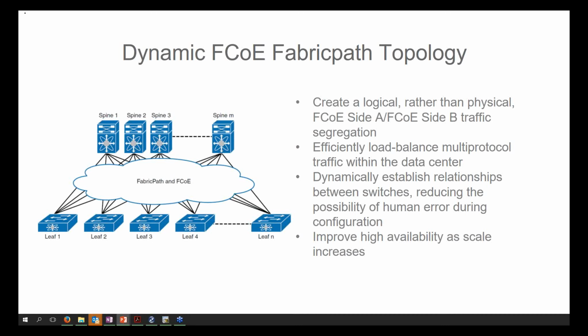And under dynamic FCoE, it's going to establish a relationship between the switches, so the possibility of human error and configuration problems is going to be minimized. And as a spine-leaf configuration, as you scale out the data center and add more switches, more capacity, and more links for more bandwidth, it's going to have a better profile for high availability as you increase your scale.